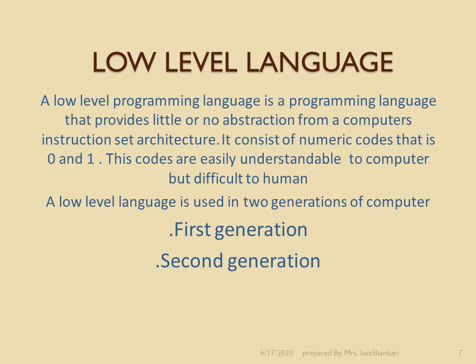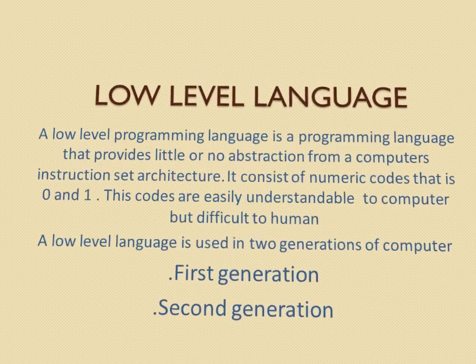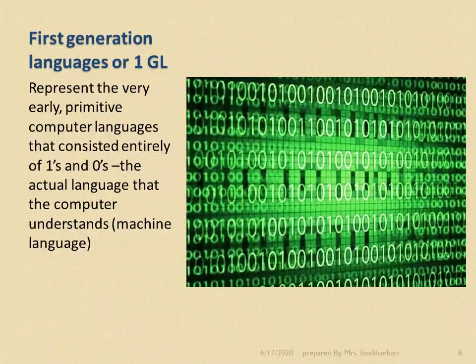It is a programming language and it provides only an instruction set, that is numeric codes. It means zeros and ones. These codes are easily understandable to the computer, but it is difficult for the human to understand. And these low-level languages are used in the first and the second generation.